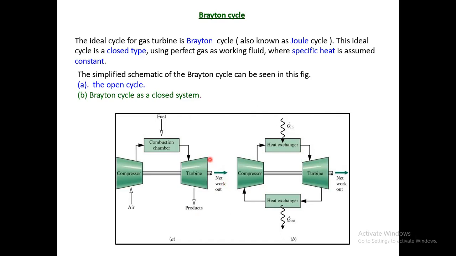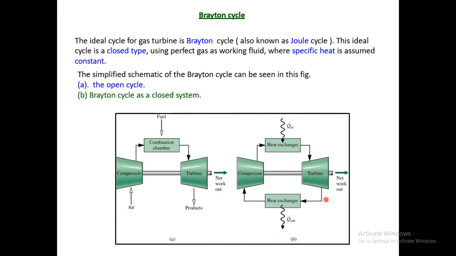This is the open cycle, and in this figure you can see section B, called the Brayton cycle, a closed loop system. The same scenario is available there. The two are the same: the compressor compresses the air and the heat exchanger exchanges the heat, providing the output to the turbine.